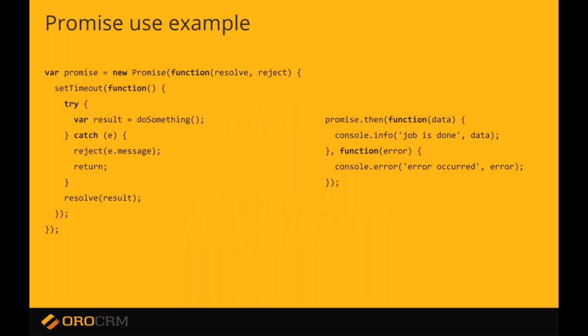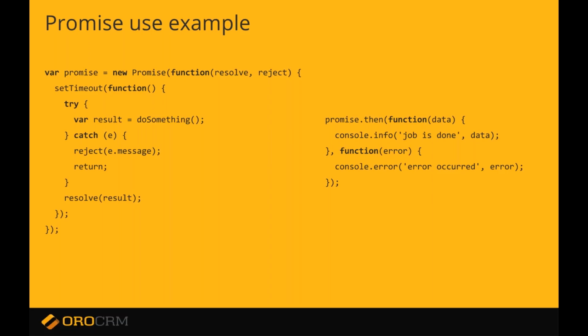So let's create a promise object and fill in our executor function. Inside that executor function, we will emulate an asynchronous process with the help of the setTimeout function.